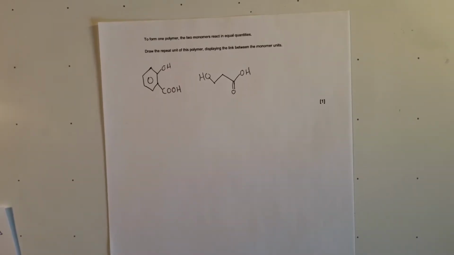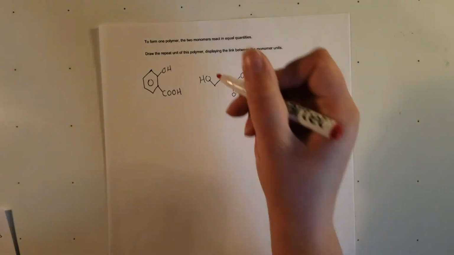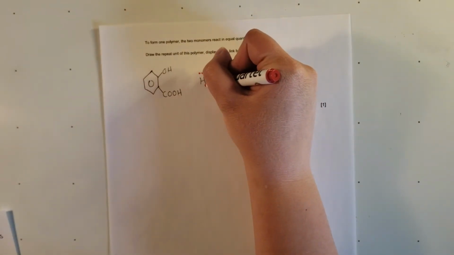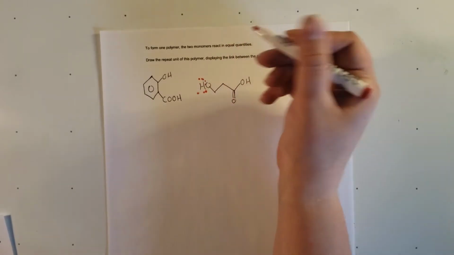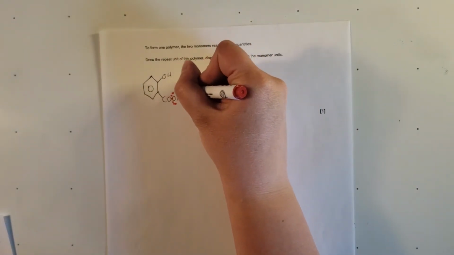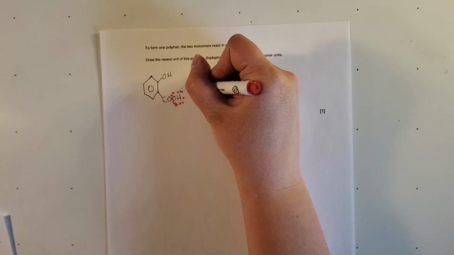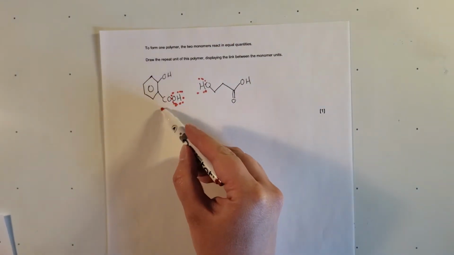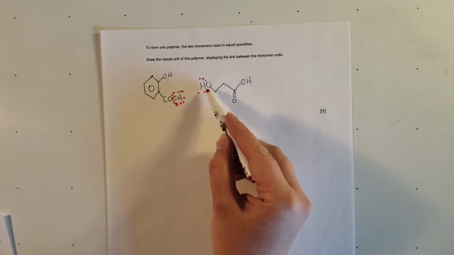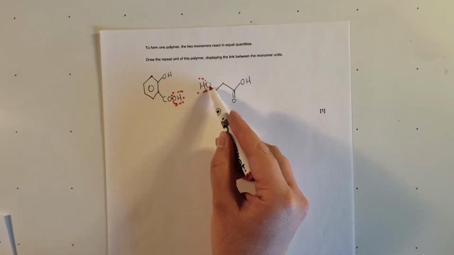All right, we now have to think about what's going to take place between these two monomers. So we have our alcohol group, that OH, or that H from that alcohol group will leave with that OH from the carboxylic acid. So between this carbon and that oxygen is where we're going to form an ester link.